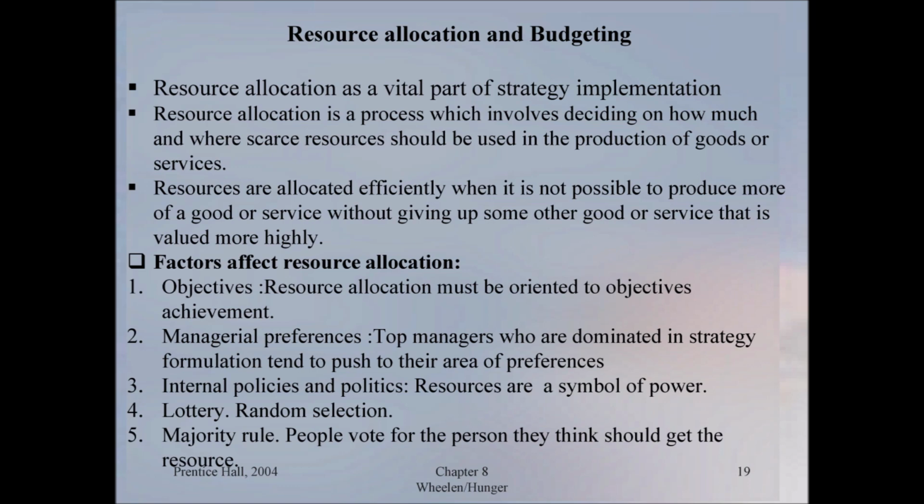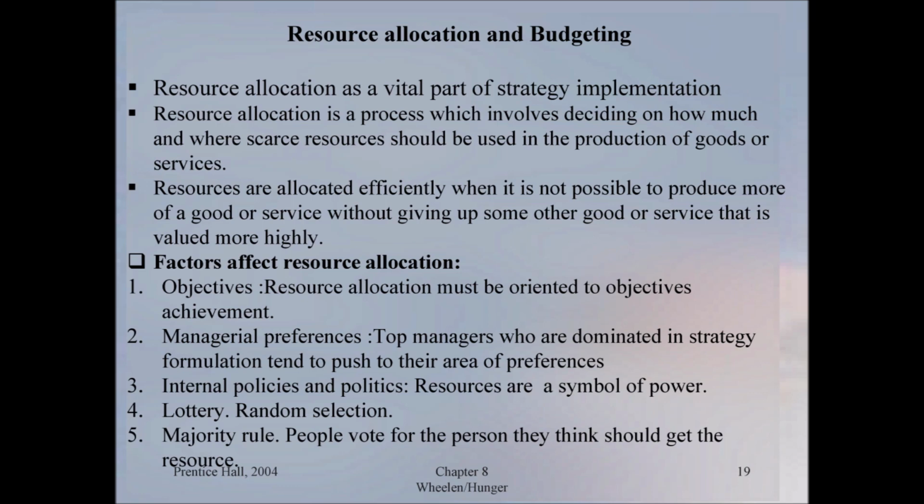Resources are scarce. That's why it is important to have a proper way of making sure that scarce resources are allocated efficiently. Resources are allocated efficiently when it is not possible to produce more of one good without giving up the other. Okay? So you don't need to sacrifice this for the other. Then we say the resources are allocated effectively.